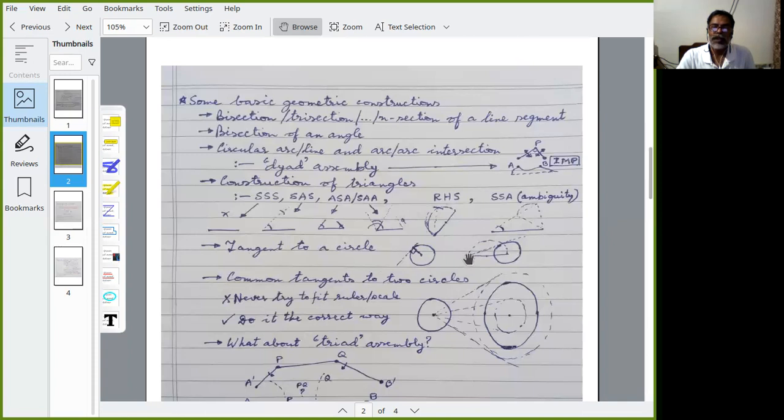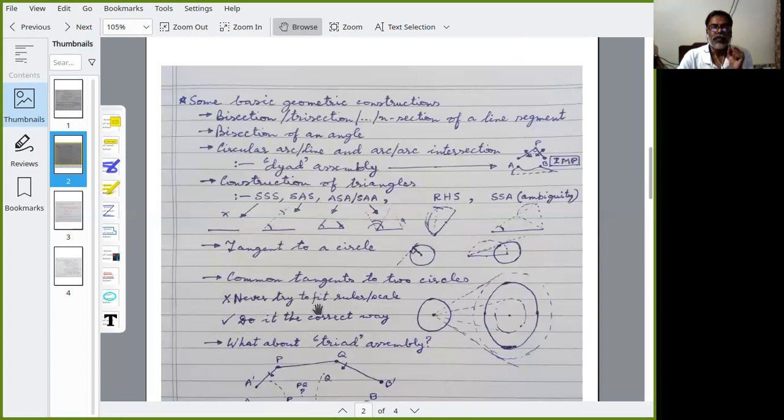From a point given outside the circle, that is not on the circle, you join the point with the center of the circle, then use the same thing as you used here, that the angle in a semicircle is a right angle. You need a right angle here, so use this as a diameter and make a semicircle. Wherever it cuts the circle, that is the point where the tangent will touch. Common tangents to two circles.